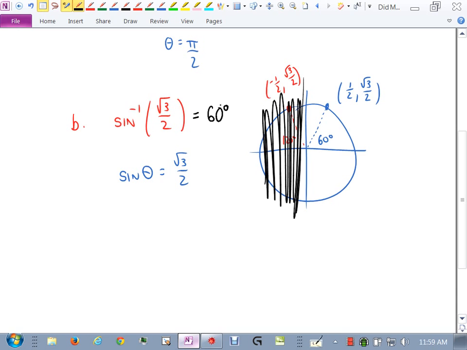So there's our domain restriction, and that means our answer is 60 degrees, or in radians, what is that? Pi over 3. Now, I would say that everyone in this class needs to be very comfortable working in radians, because most answers are not going to be given in degrees.